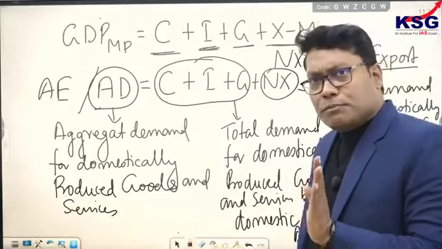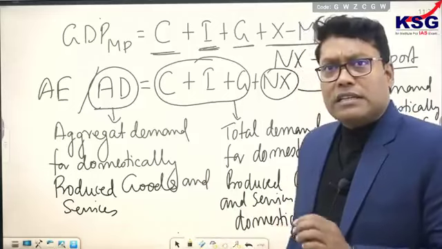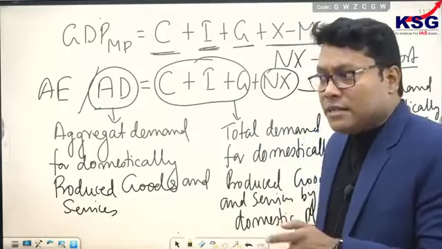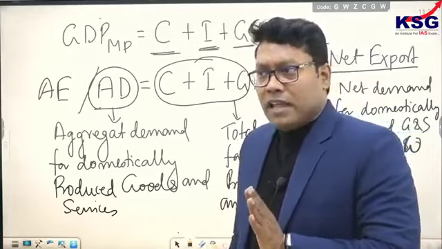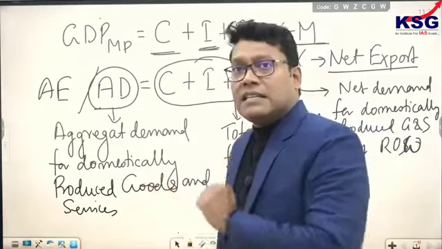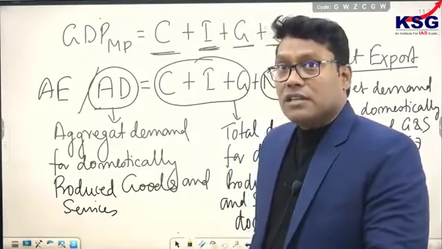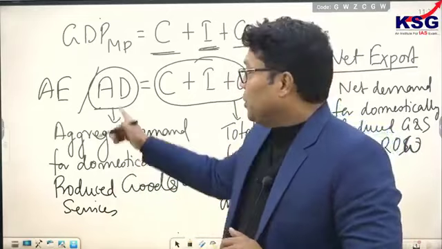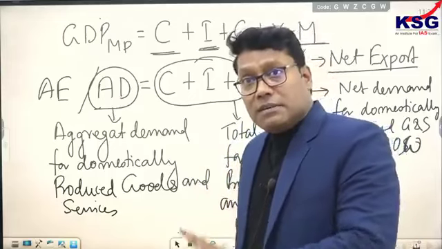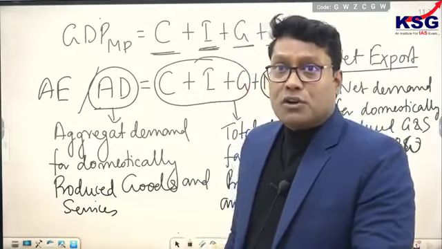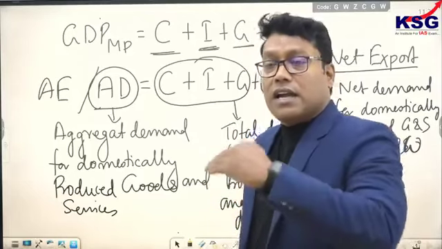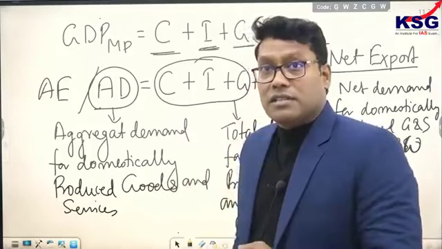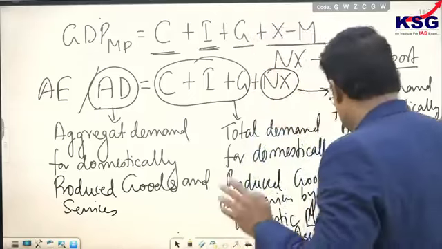So we need a basic concept of the classical approach and the Keynesian approach, and today we are following the Keynesian theory. From there we can connect that the production of any country in the world depends on aggregate demand. If there is aggregate demand, then the country will produce output. If there is low aggregate demand, there is low production; high aggregate demand, high production. So let's include this concept.